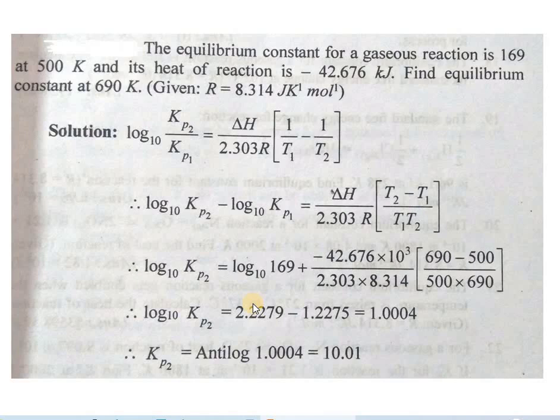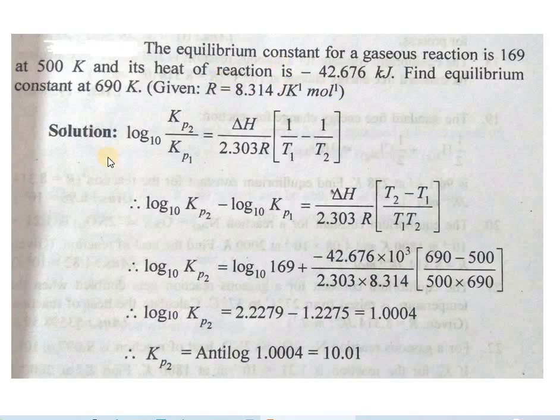For example, let us take one of these problems. The equilibrium constant for a gaseous reaction is 169 at 500 Kelvin, and its heat of reaction is given as minus 42.676 kilojoule. Then find the equilibrium constant at 690 Kelvin. The value of R will be given in joule per Kelvin per mole.